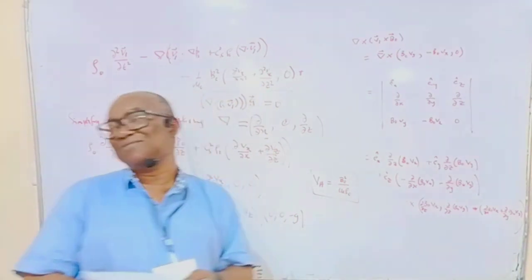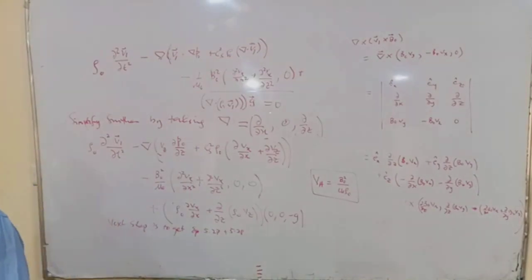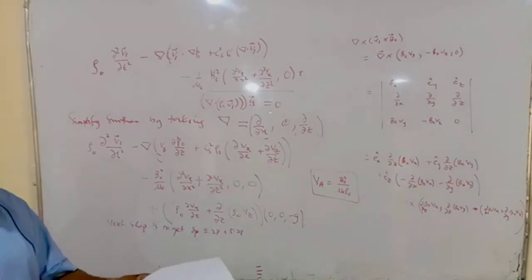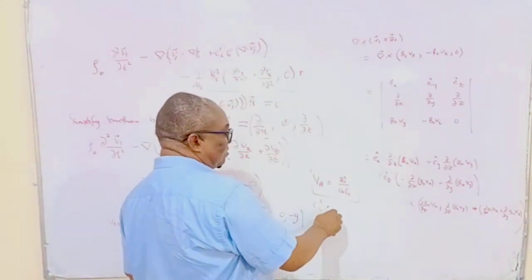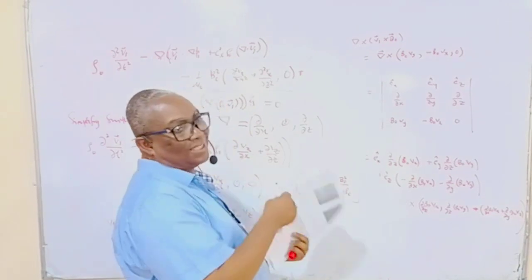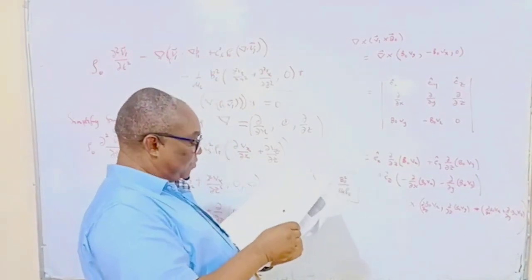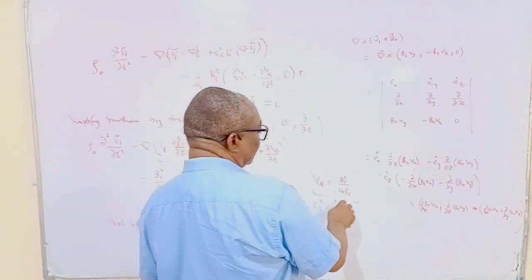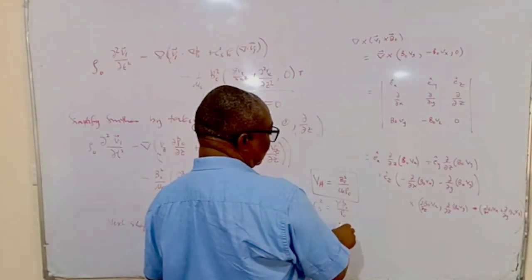Half-inch speed is defined in relation with the permeability and the density rho. It is the Cs squared. What is Cs squared? That is the acoustic speed. Is it not gamma P naught over rho naught?